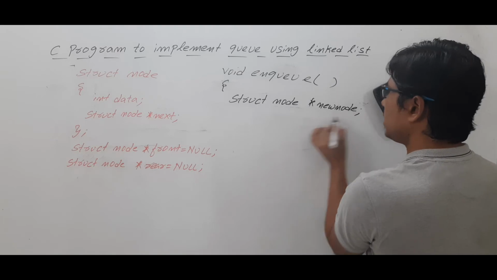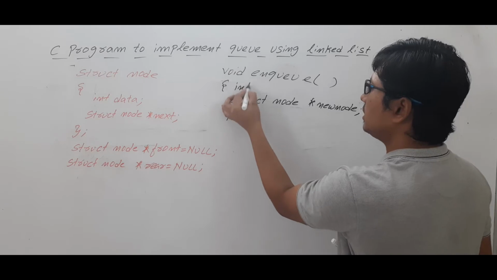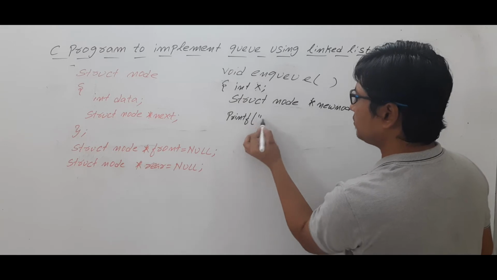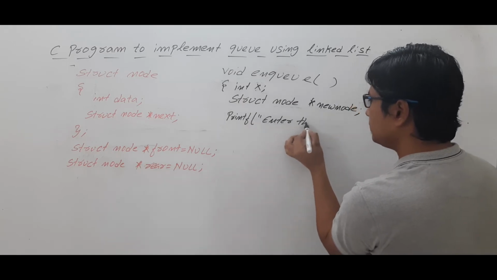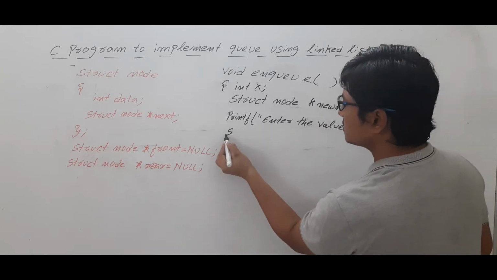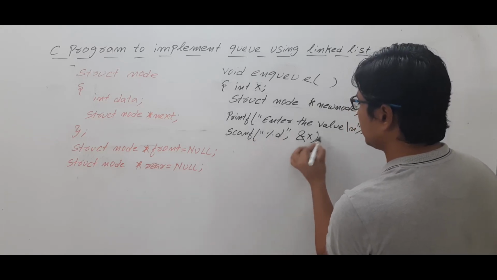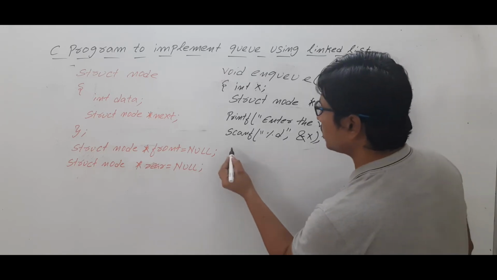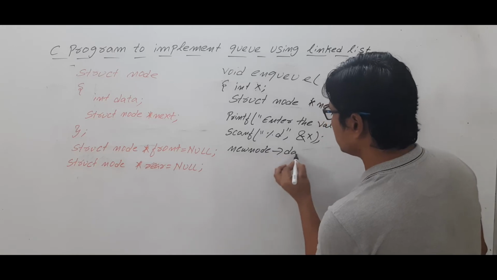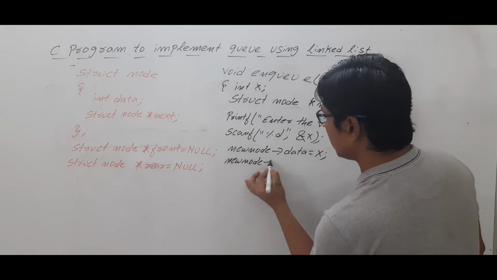And I will ask the user to enter the data, so let me take another variable called int x. Printf, enter the value. Once the user has entered the value, I will scan that value using the scanf function, and I will write the address of that variable x. Then new node of data is equal to x, then new node of next I will make it as null.